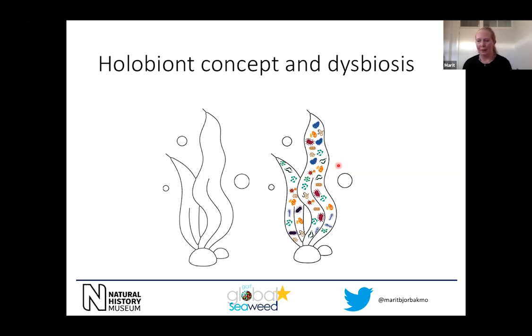And in order to understand how seaweed hosts are affected by their microbial partners and by unnatural situations such as climate change and aquaculture, it's important to gain knowledge about all types of microorganisms associated with seaweed hosts, including the eukaryotic epiphytes and endophytes, in addition to all the other organisms living together with the seaweed hosts.